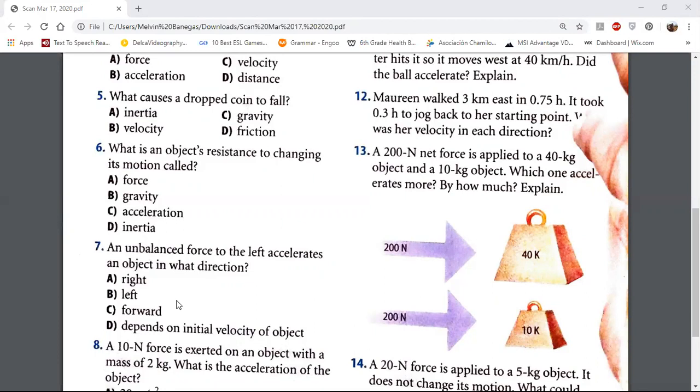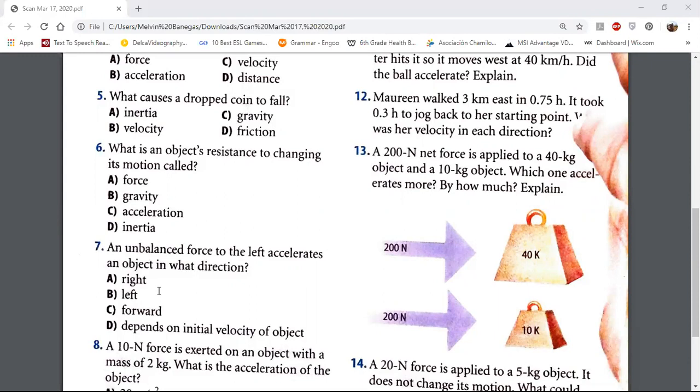Okay, hold on. An unbalanced force to the left accelerates an object. If it's an unbalanced force, and it is accelerating an object to the left, that means the object will continue moving to the left, because remember, it is unbalanced.